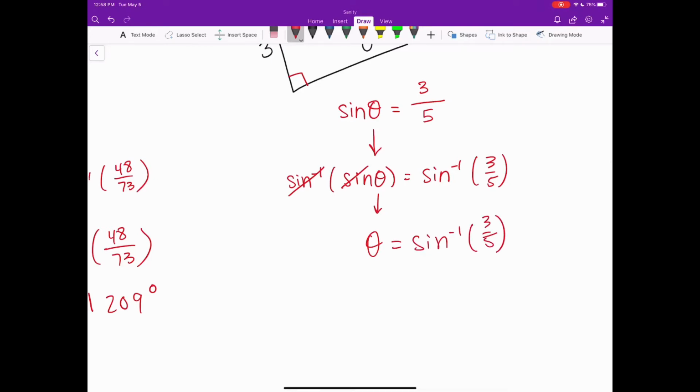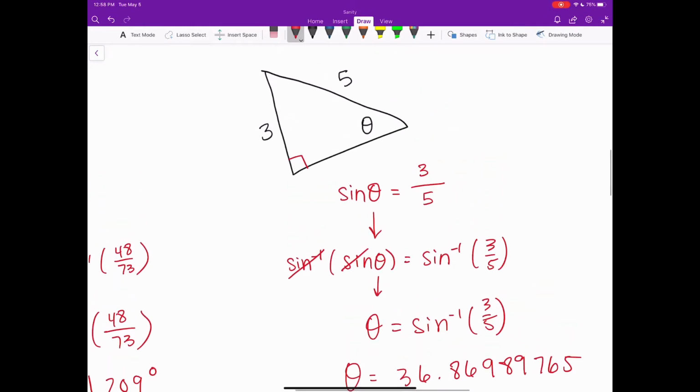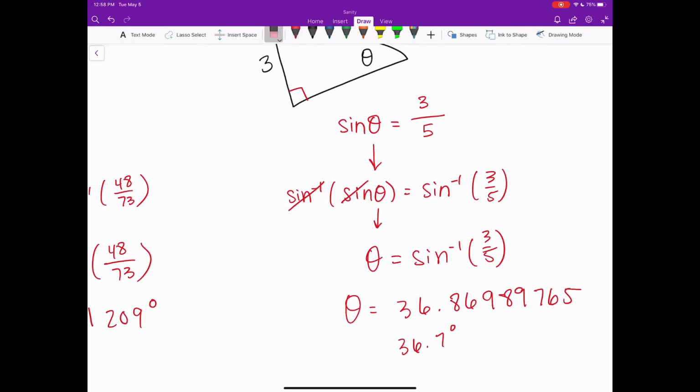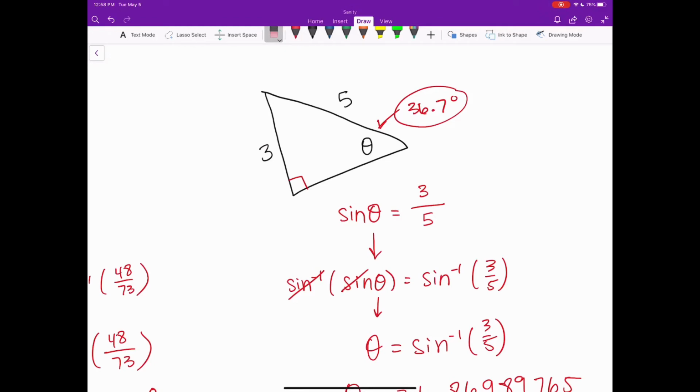You plug that into your calculator and you're going to get theta of about 36.86989, and so on. You can just round that off to 36.7 degrees. So we've got that reference angle of 36.7 degrees. What did I say? Oh, I rounded that wrong. 36.9 degrees.